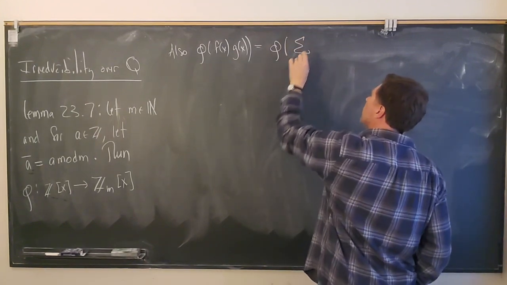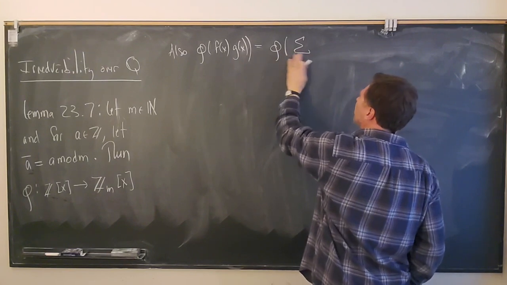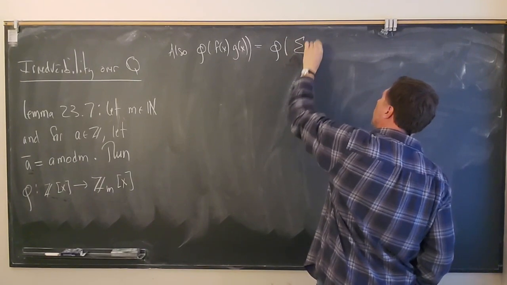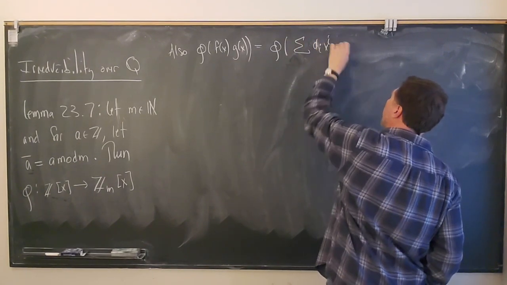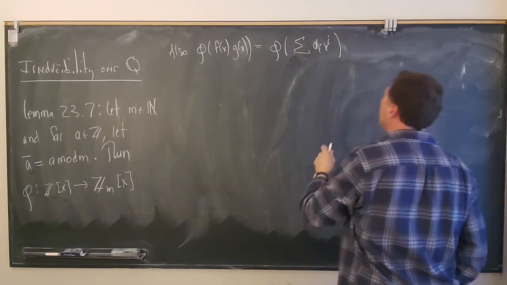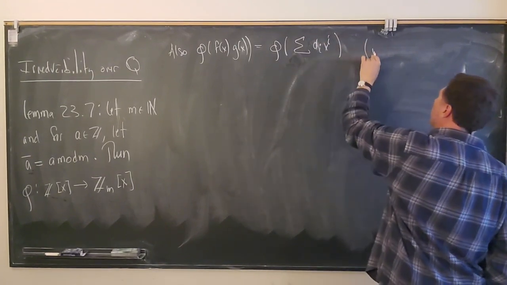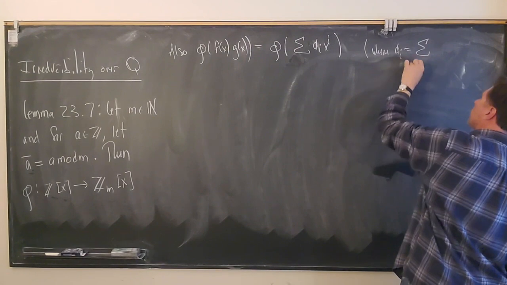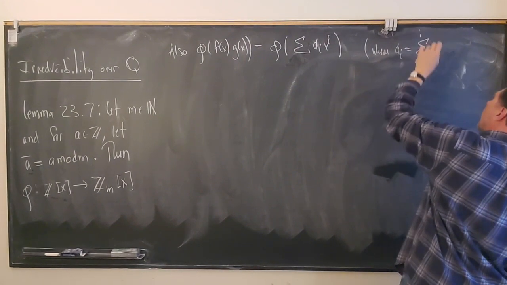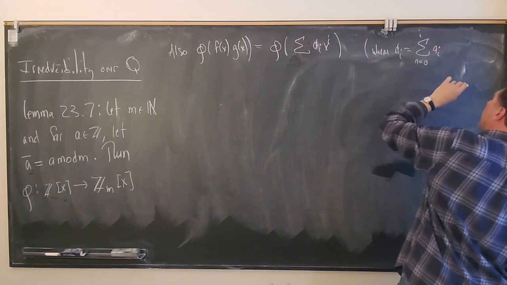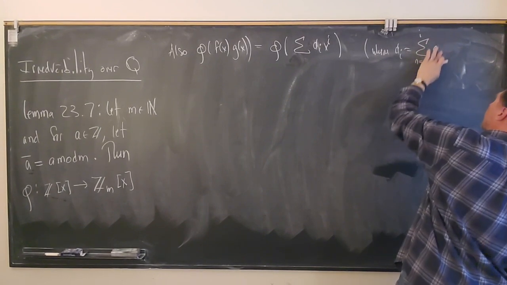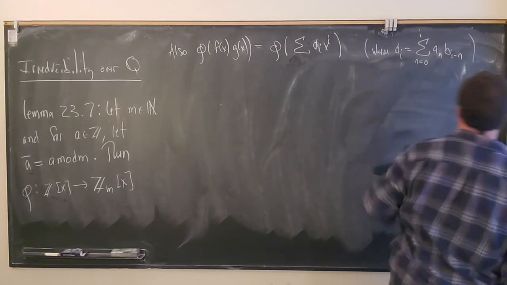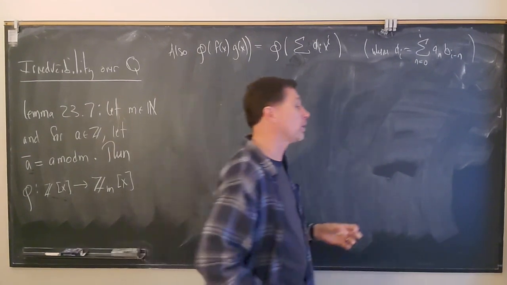That gives the sum of d_i x^i, where d_i is equal to the sum from n equals 0 to i of a_n b_(i minus n). That's just the formula for coefficients when you multiply two polynomials.